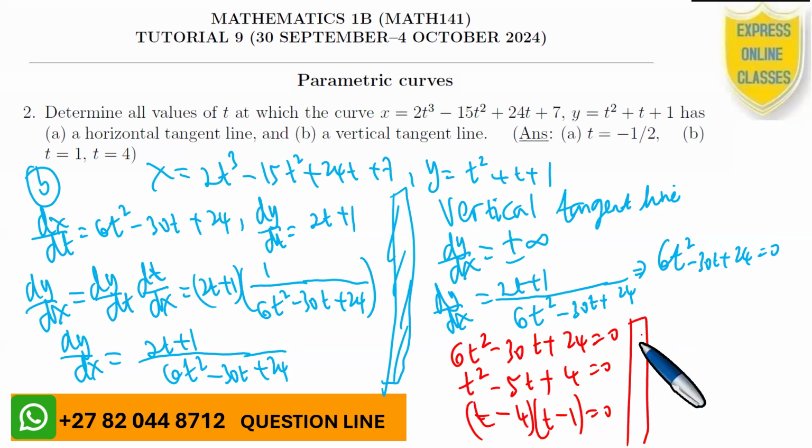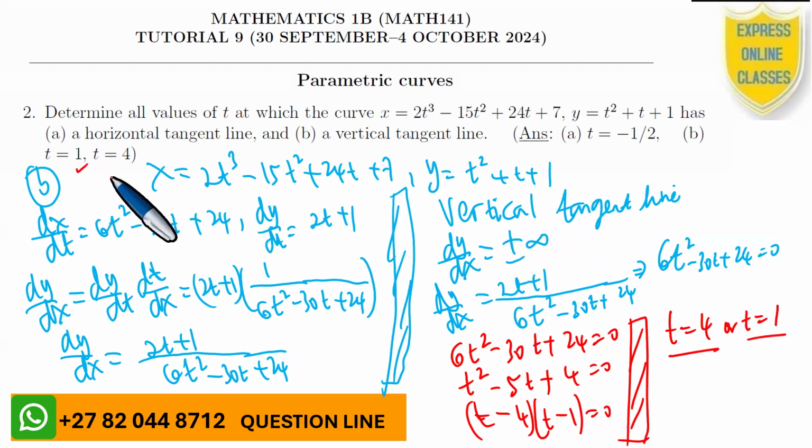And what exactly do we achieve here? t is 4 or t is 1, and that is the answer.